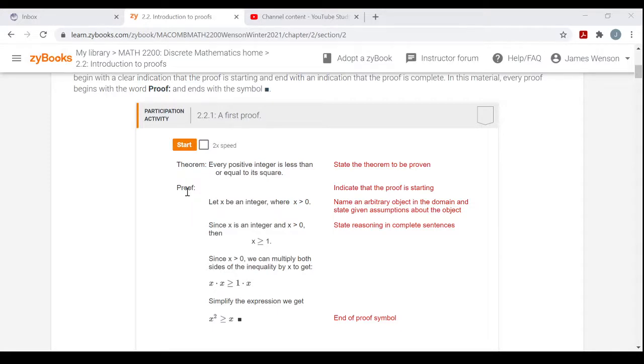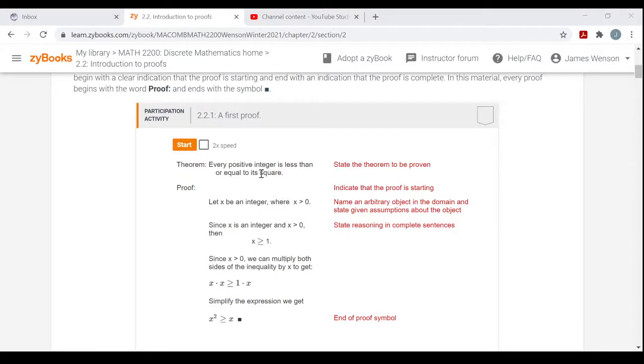Then I wrote the word proof, right? Indicate that the proof is starting. Then this was that universal generalization, right? This is a universal statement. It's about every positive integer, so you can't possibly show them all. So you let x represent an integer, right? And it should have just been a positive integer here. This is a statement about the positive integers, but where x is greater than 0, right?